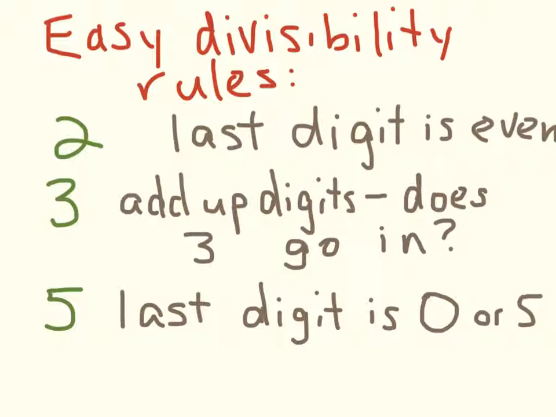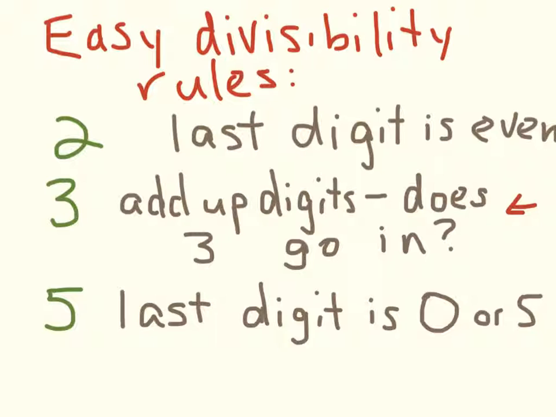The divisibility rule for 3 is a little bit trickier. That's this one right here. Okay, and we can think about why this is true, but that's for another day. But the way the rule works is if you take all of the digits of the number and you add up all the digits, does 3 go into the sum of all those digits?